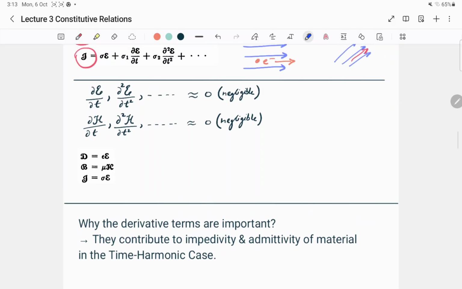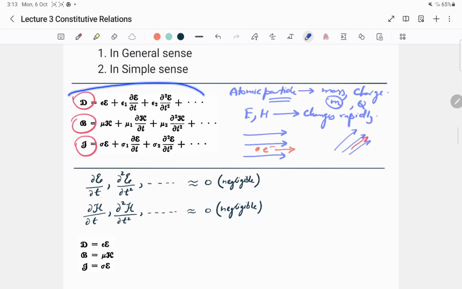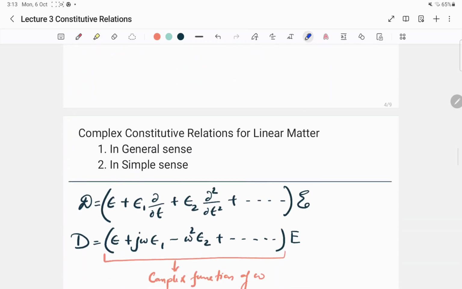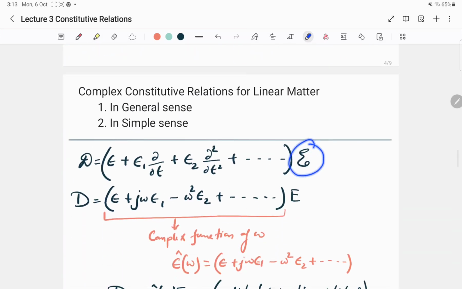So I have chosen this particular equation, where this electric field E has been taken out common, outside this bracket. Now when we change from instantaneous field to complex field, we know that the scripted letter E is changed to the Roman letter E. So that is what we have done here.